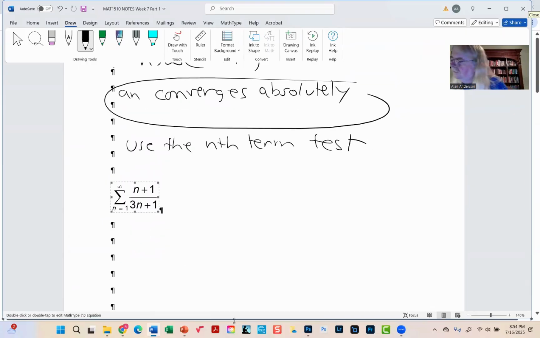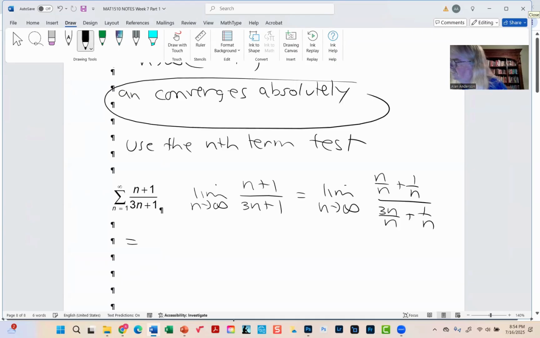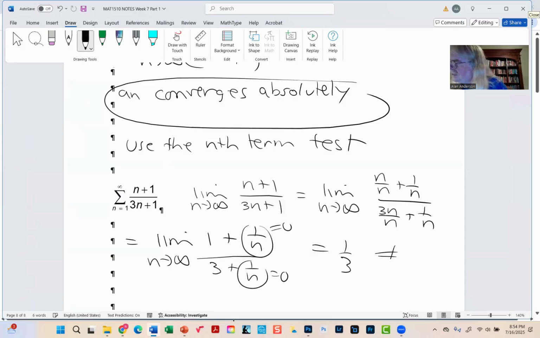So we take a limit. And of course, what we do in these cases is divide out everything by n, the highest exponent of n that we have here. These two go to zero, left with one third, not equal to zero.